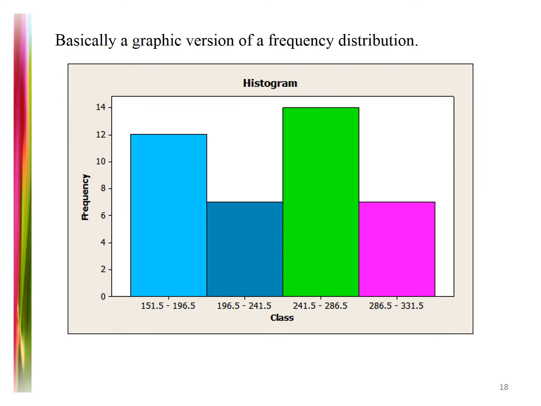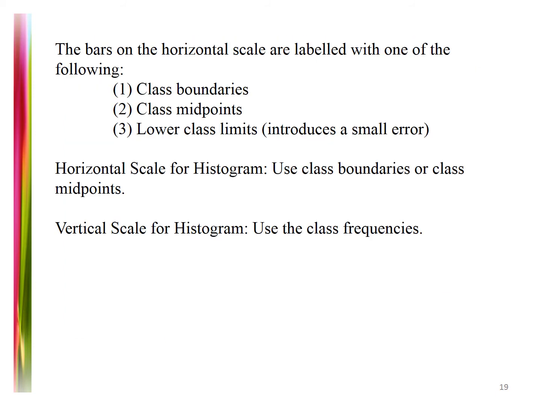So this is the histogram for our example data. There is no gap between the bars, and this is the frequency: the first frequency 12, the second 7, the third 14, and the last one also 7. On the y-axis we have frequency, and on the x-axis we have some standard methods. We can label class boundaries, class midpoints, or lower class limits.